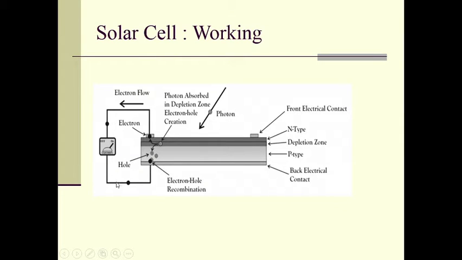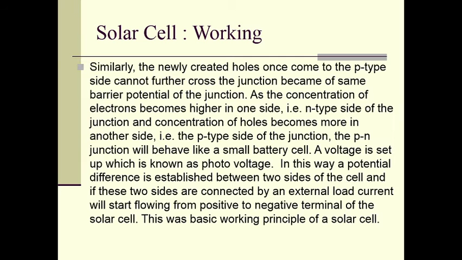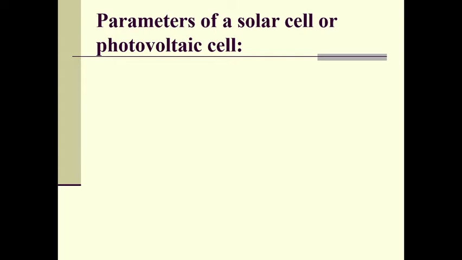So the current will be like this, opposite to the direction of electrons. When electrons flow on this side, the holes will flow from this side, right? That means the current will flow in the direction of holes, and that is opposite to the electron flow, right? So this is the working of a solar cell.